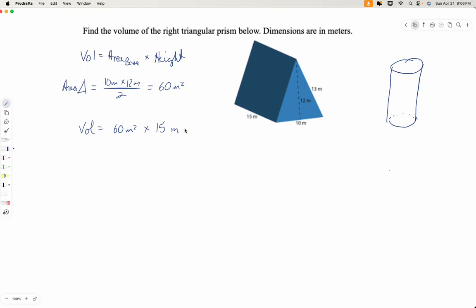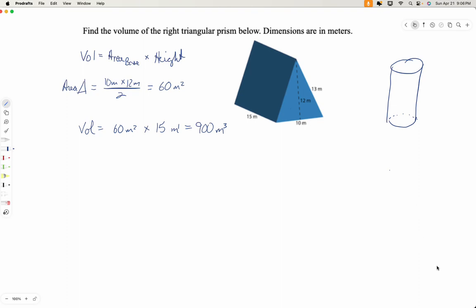So we are looking at 900 meters, and it's going to be cubed because it's volume: meters twice, meters one more time, 2 plus 1 is 3. So 900 meters cubed is the volume of this right triangular prism.